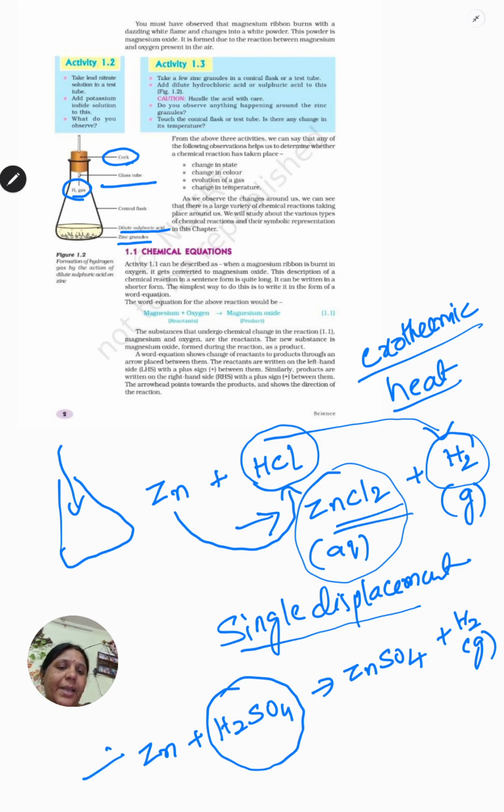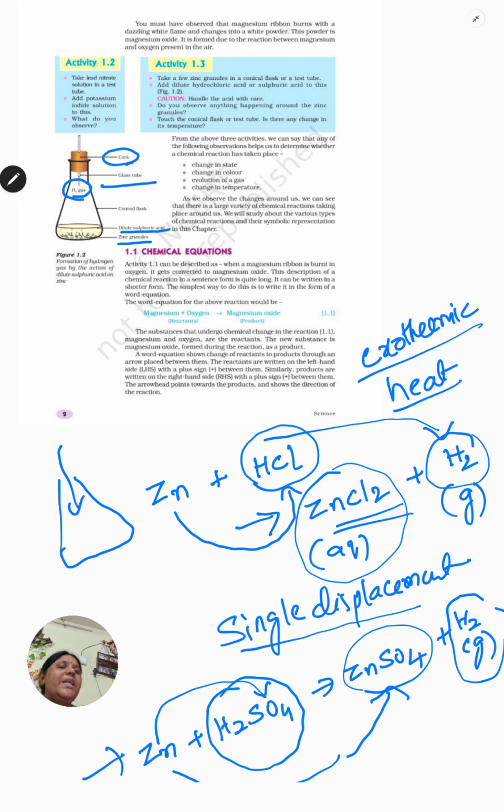In the second case, if you add zinc granules to H2SO4, that is also a single displacement reaction, and ZnSO4 is getting formed. Zn and SO4 combine, and hydrogen is released in the form of bubbles of gas. This hydrogen gas we can utilize for laboratory purposes. Whatever hydrogen gas is released in this experiment, we can preserve, right?